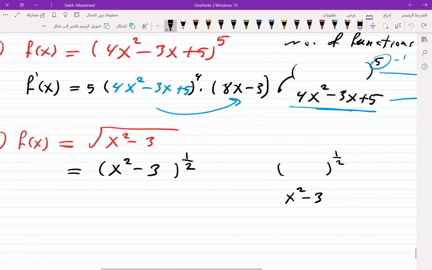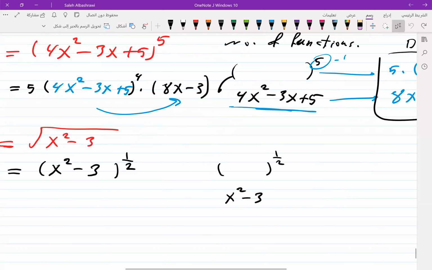Now to find the derivative: the derivative of the square root is 1 over 2 square root. The derivative of x squared minus 3 is 2x.